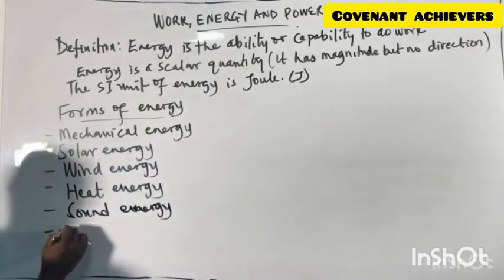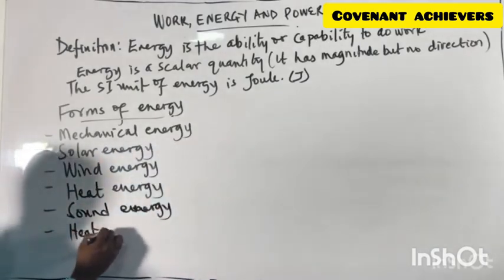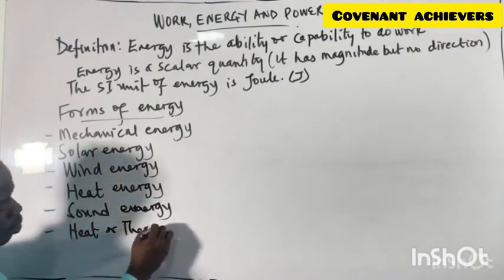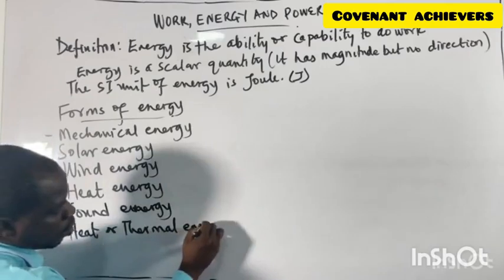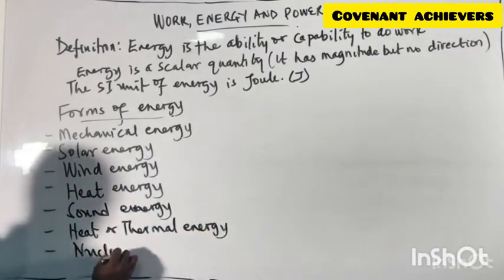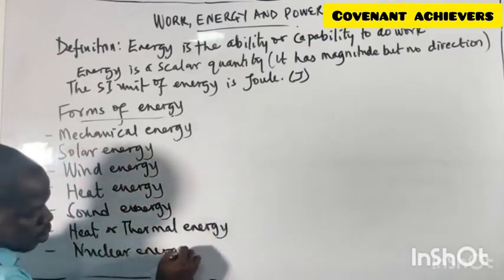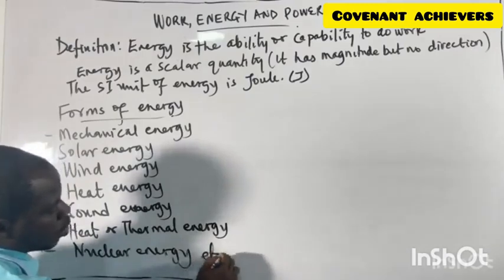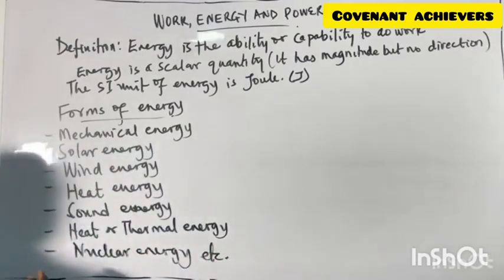We have heat or thermal energy. We have nuclear energy, etc. So these are some of the forms of energy that we have.